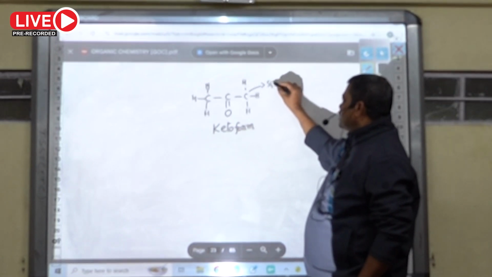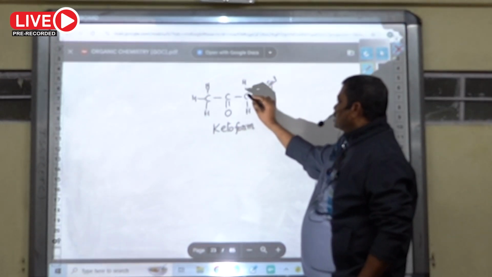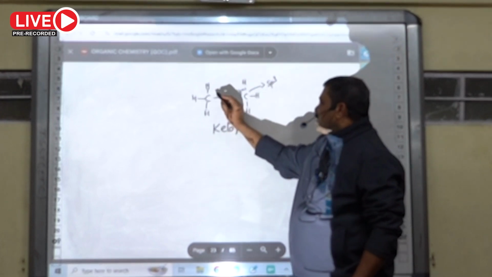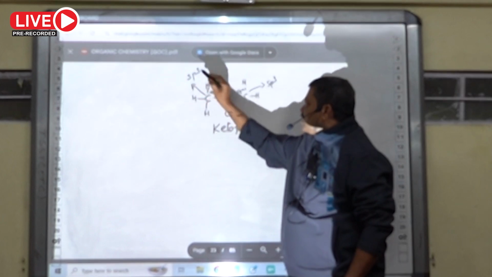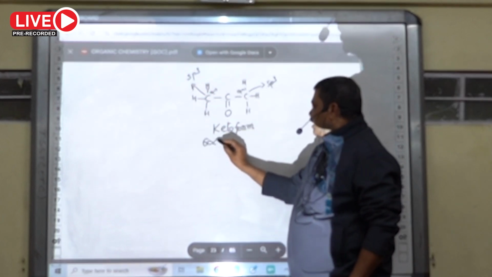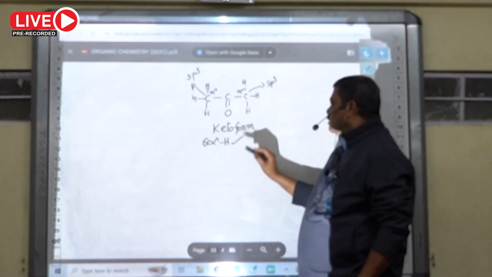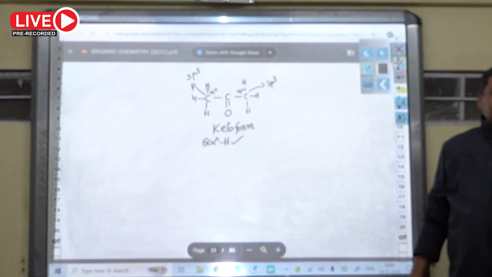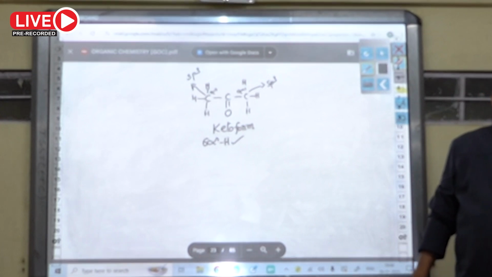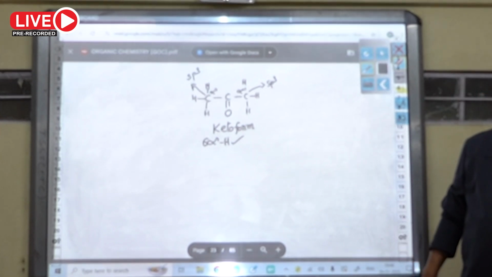Here 2 sp3 carbons are there, which are alpha carbons. 6 alpha H are there. At least 1 alpha H is enough to exhibit tautomerism.